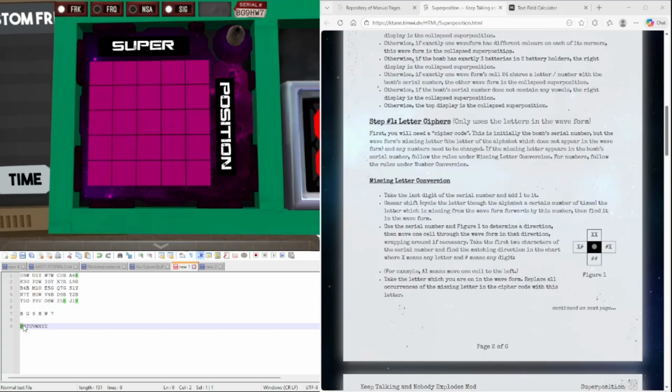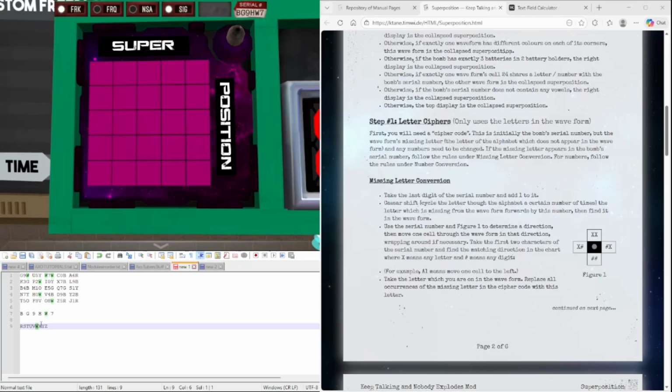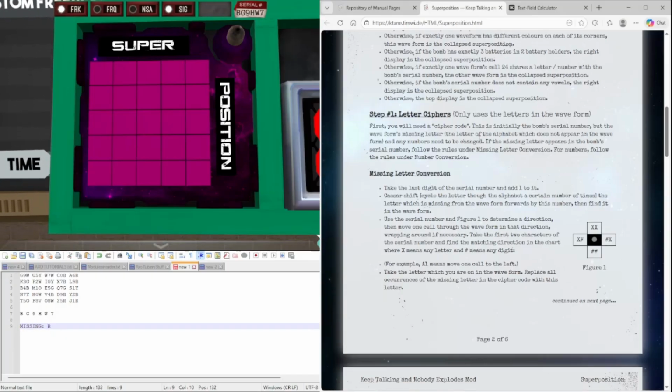So R is the one that isn't there. Draw S, T, U, V, W, X, Y, and Z here. So that's the missing letter.